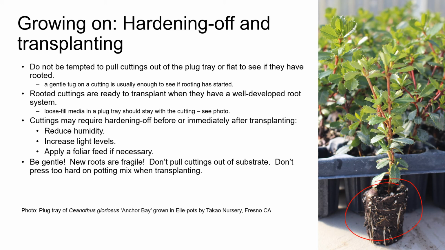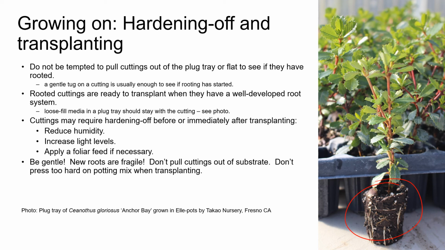If the medium falls away from the roots, it's because the root system isn't developed enough to hold all of the medium together, or it can also be because the medium is very porous and contains a high percentage of relatively large components such as perlite. If this continues to happen, you may consider backing off on the perlite in your propagation medium and using more coconut fiber or maybe peat.